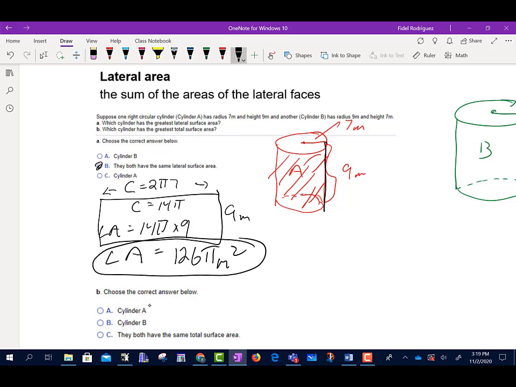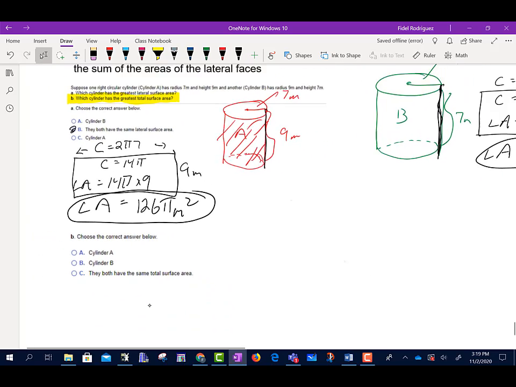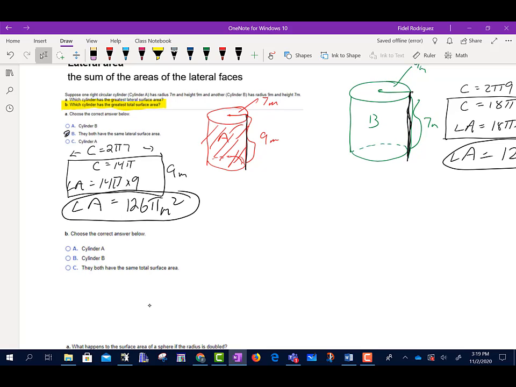Now, there is a part B to this question. Part B says, which has the greatest total surface area? We already know the area of the sides. We now have to add in the area from the top and bottom of those cans.